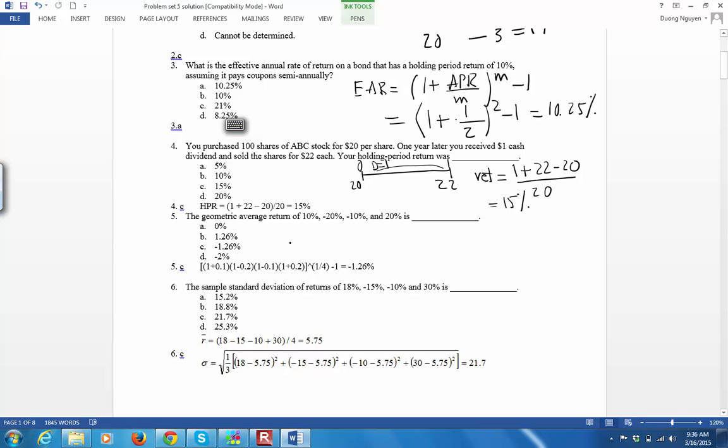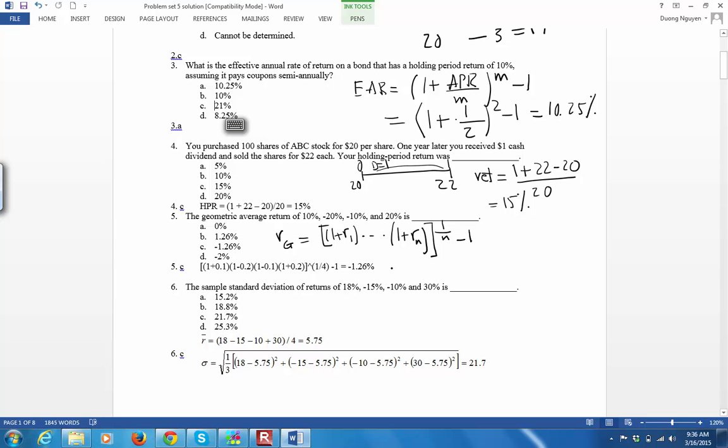Now, the formula to calculate geometric return, RG, is equal to the product of (1 plus R1) times all the way to (1 plus Rn), with the whole thing raised to the power 1 over n, minus 1.